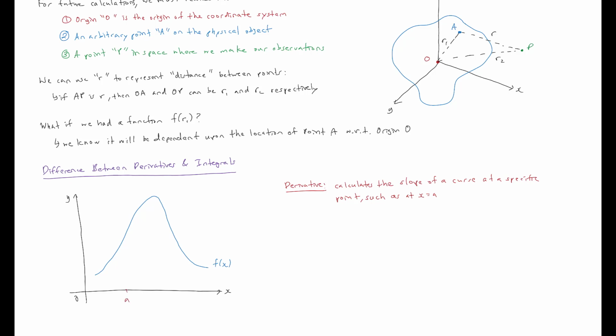So, if x is equal to a over here, it means we want to be able to figure out the slope at this exact point. And that slope will look like this in red, and that is called a derivative, represented by d over dx of our function.